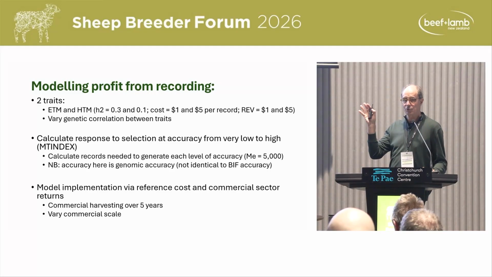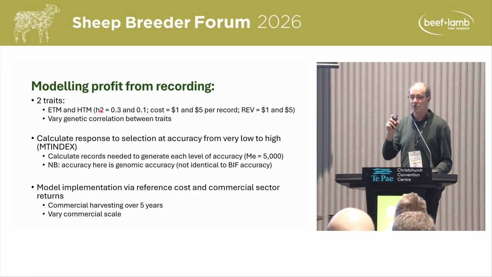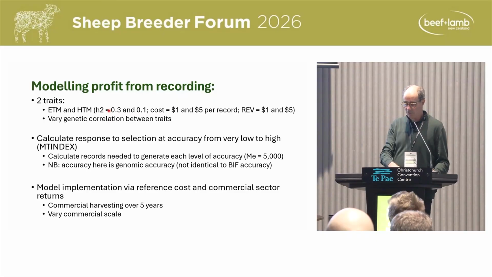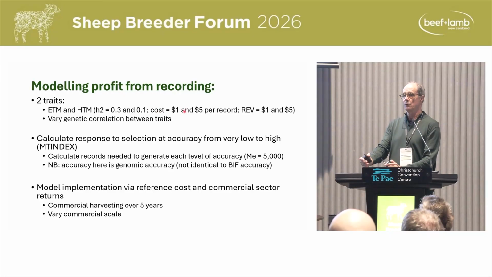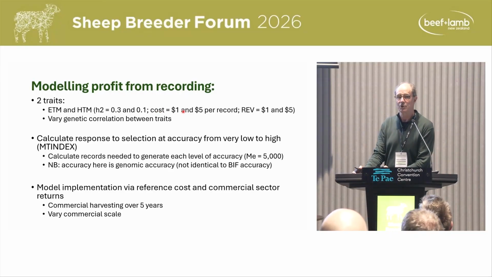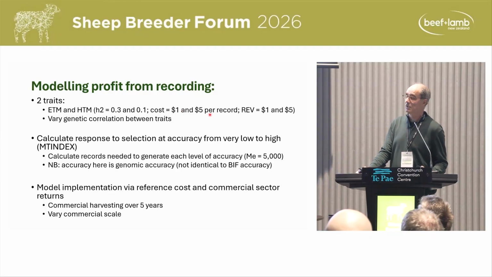I'm not going to read through this, I'll just pull out the highlights, but the point is here that it is possible to work out the optimal level of phenotyping. We know phenotyping costs money. We can work out how much money we can make from genetic gain, how much the industry makes from genetic gain, and we can find an optimal level of phenotyping.